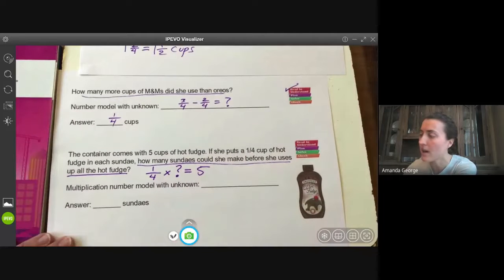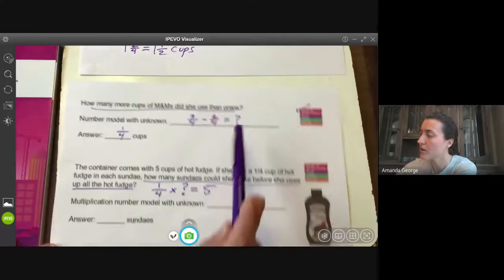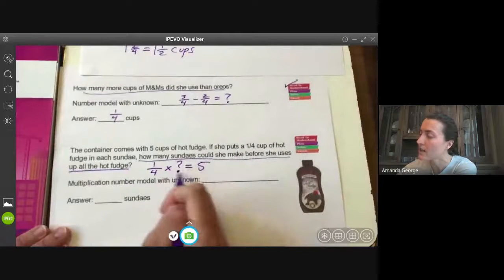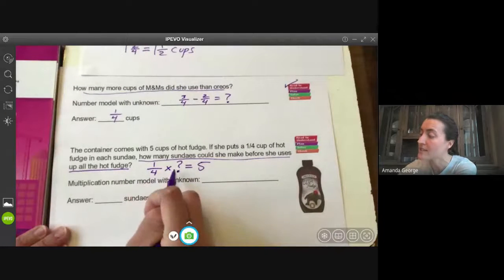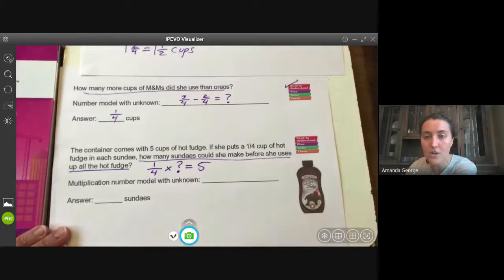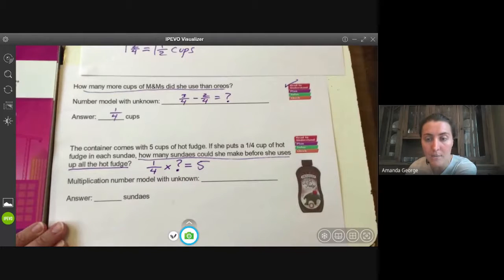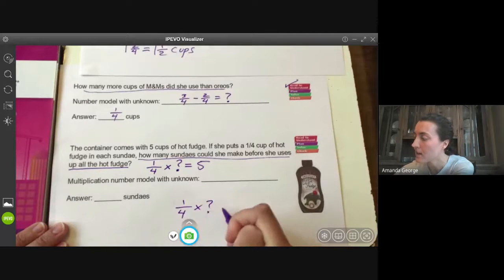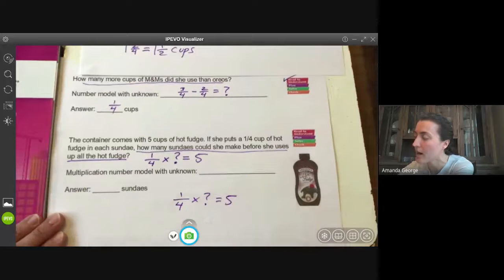So remember how when Sana and Claire were setting up equations for us, you were just solving for the unknown. Now the unknown is in our equation. 1/4 times something is going to equal 5 cups. So now to solve this, I'm going to do it a step further. 1/4 times something equals 5 whole cups.